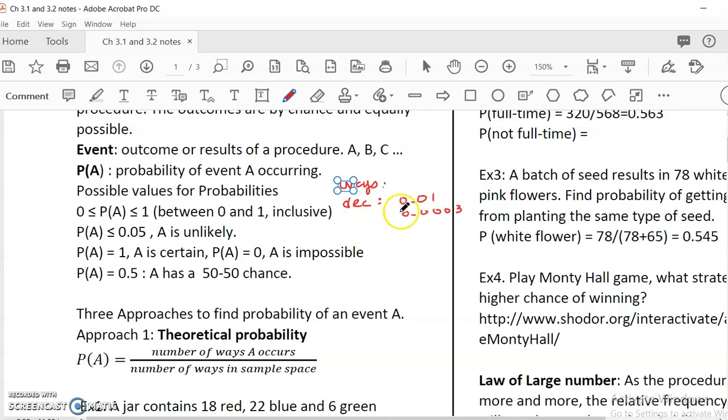These are possible values, and usually we round to 3 places. That is the usual practice.